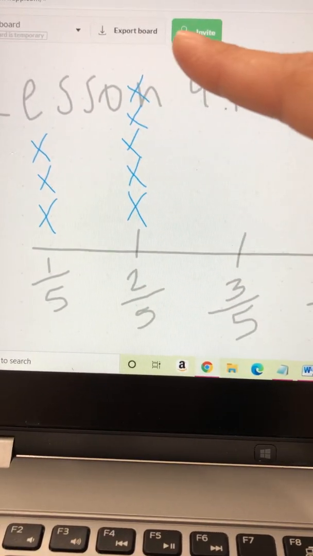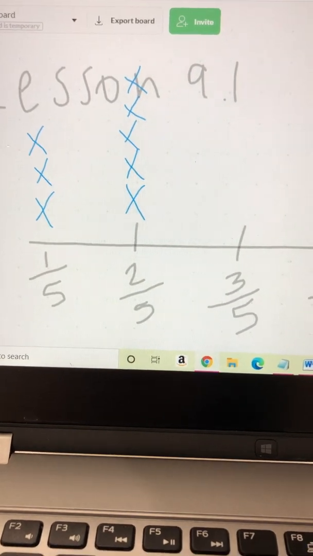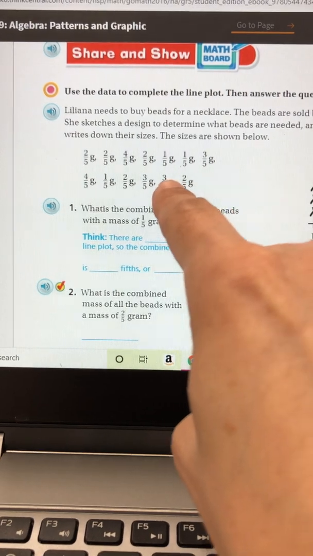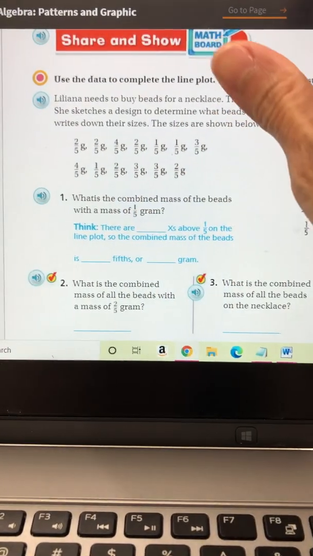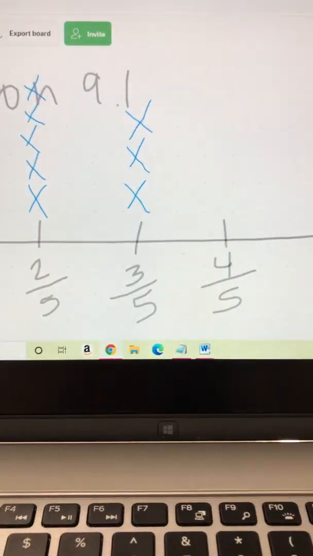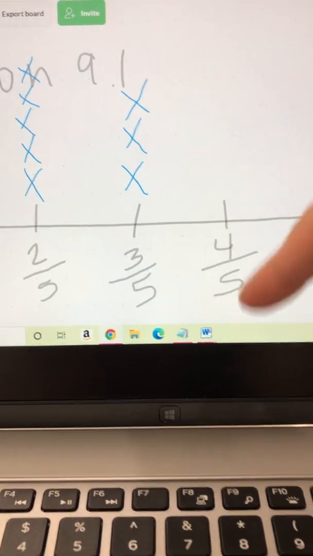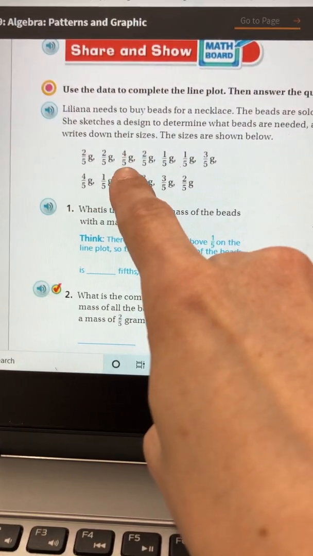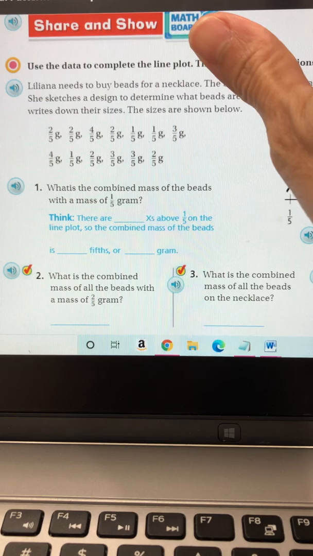So 5 x's for 2/5. Now let's go back and count the 3/5. There's 1, 2, 3. So we're gonna put 3 x's for that fraction. And now 4/5. How many do we have? We have 1, 2, and that's it.